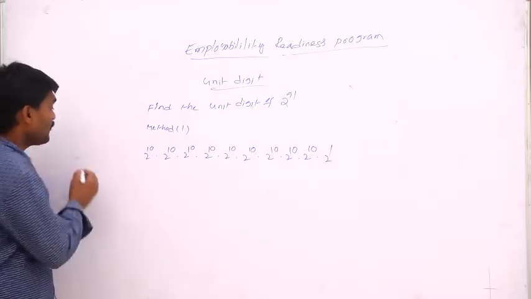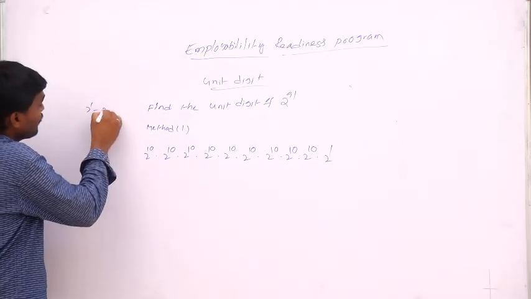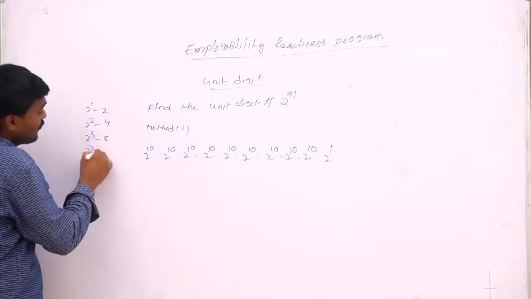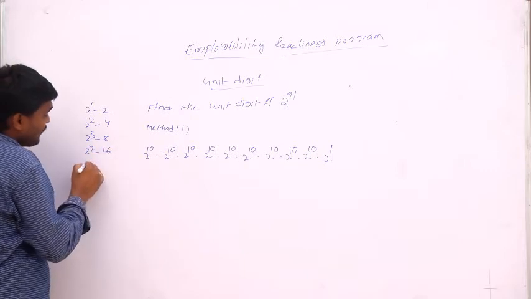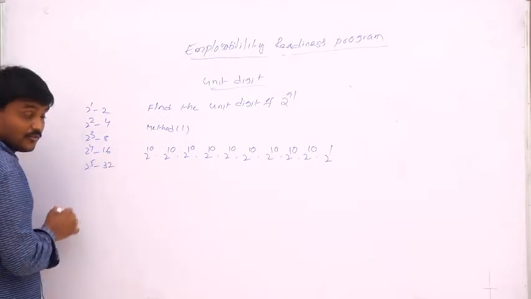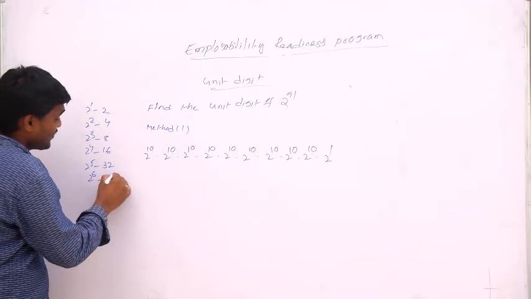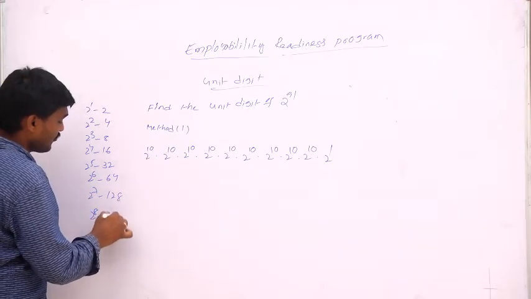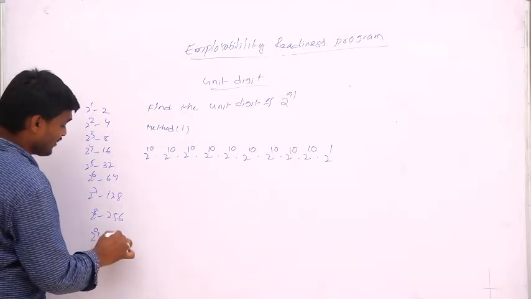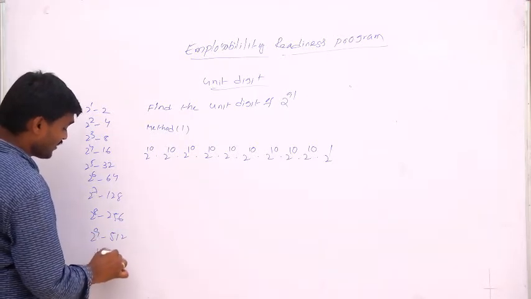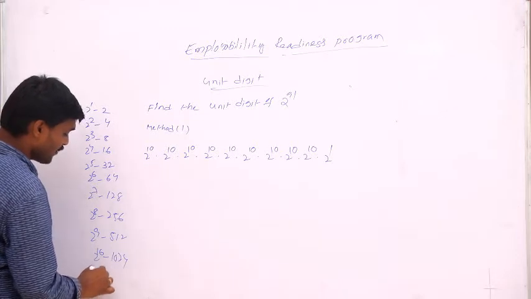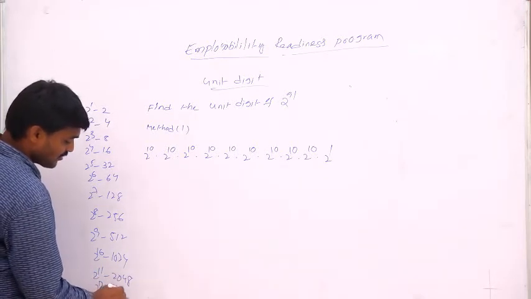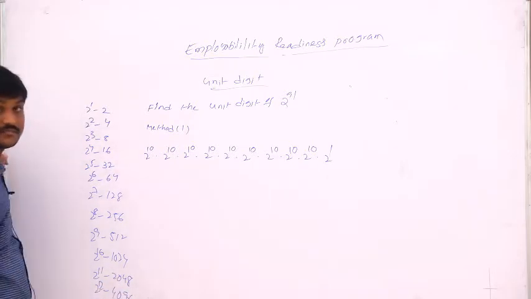You know, 2 power 1 equals 2, 2 square 4, 2 cube 8, 2 power 4 is 16, 2 power 5 is 32, 2 power 6 is 64, 2 power 7 is 128, 2 power 8 is 256, 2 power 9 is 512, 2 power 10 is 1024, 2 power 11 is 2048, 2 power 12 is 4096, and so on.